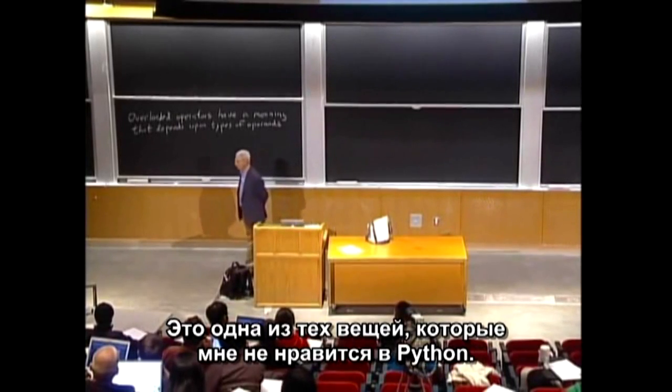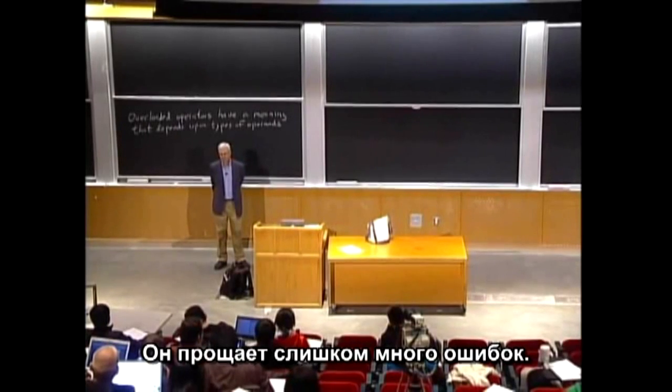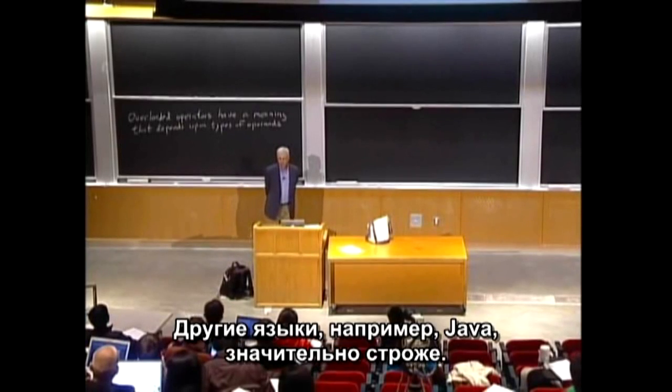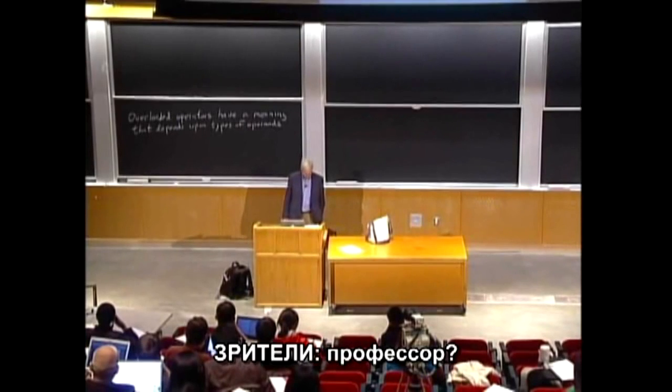It's one of the things I don't like about Python. It's too generous. It lets me get away with stuff it shouldn't let me get away with. Other languages, for example, Java, are much stricter. This is a design decision, and it is the way it is, and we have to live with it.